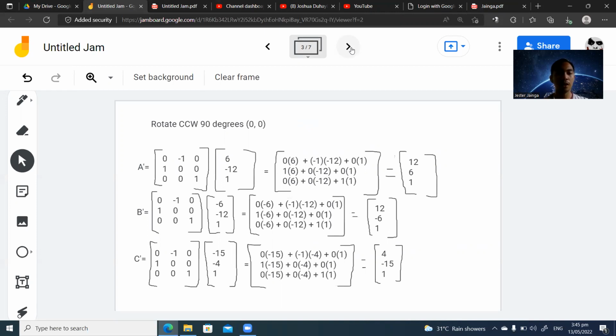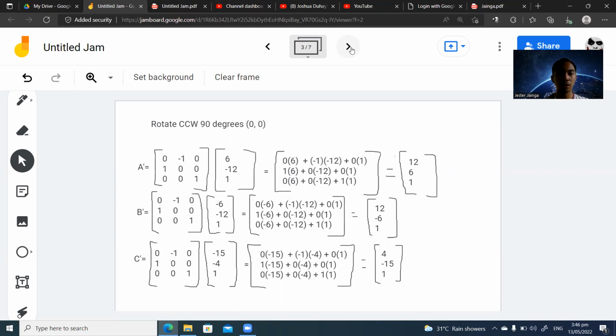So we multiply the rotation matrix, 0, -1, 0, 1, 0, 0, 0, 0, 1, by the given point 6, -12, and 1. So we distribute the rows and columns. So 0 times 6 plus -1 times -12 plus 0 times 1.